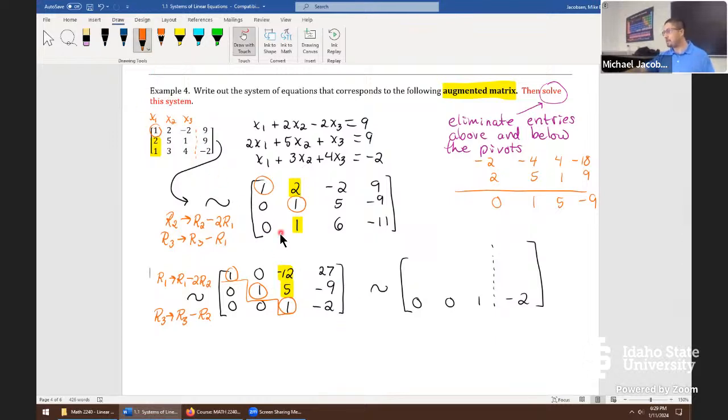Now, here's our next steps. We have to get rid of that 5. So we'll say row 2 replaced with row 2 minus 5 row 3. So this is saying take -5 times row 3, add it to row 2, and we'll get a 0 right there. Before we do all that, notice that because of these zeros, I'm multiplying all this by -5, adding it above, but there's no change here, nor here.